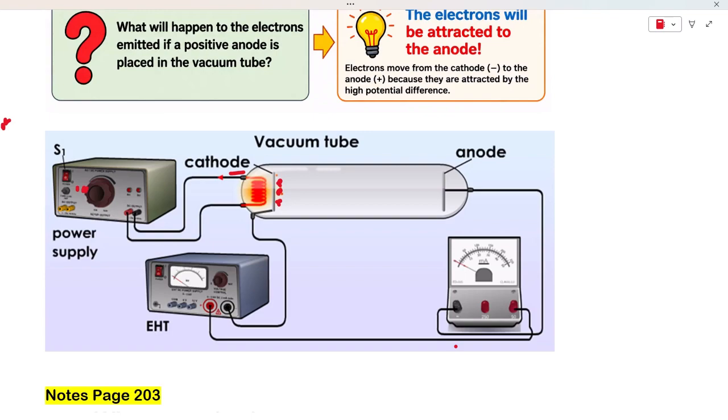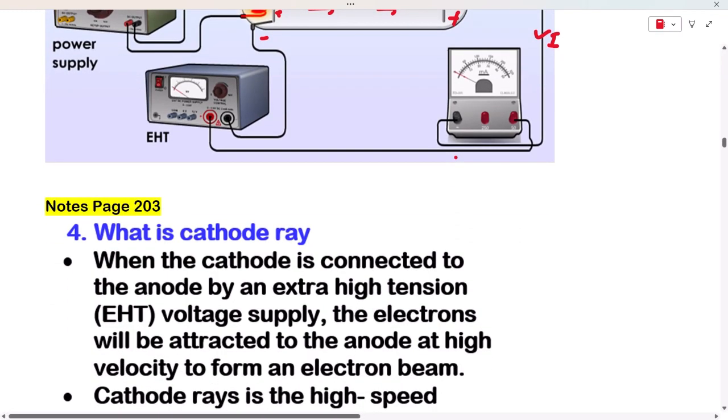Now, if you switch on the second power supply, the EHT, the cathode becomes negatively charged and here is a positive charge. The electrons will be attracted and accelerated to the anode, completing the circuit, so current can flow and we can detect it using the meter here.